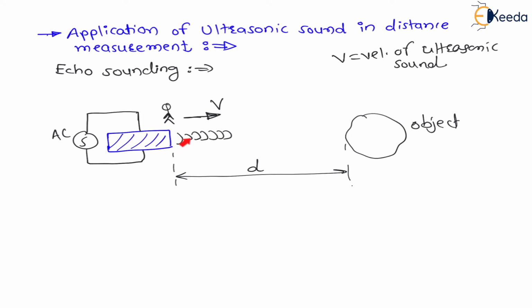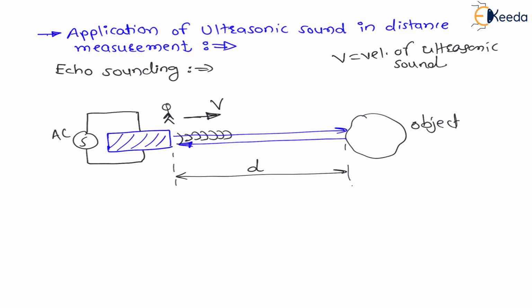Now whenever this ultrasonic sound strikes the object, it will return in the opposite direction. Therefore the motion will be like this. Whenever it strikes the object, it will return, and this return is called an echo. Now my dear students, whenever this ultrasonic sound returns, we measure the time taken.